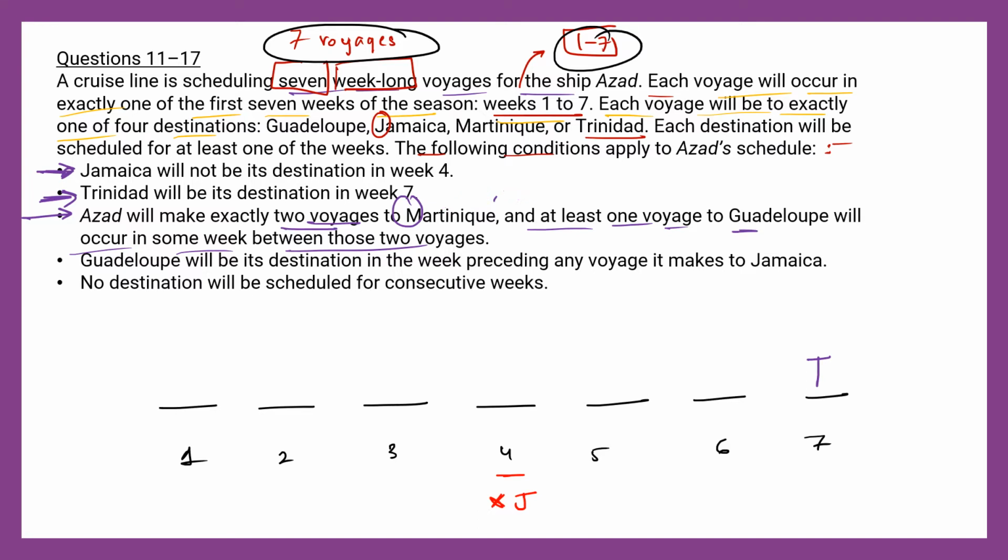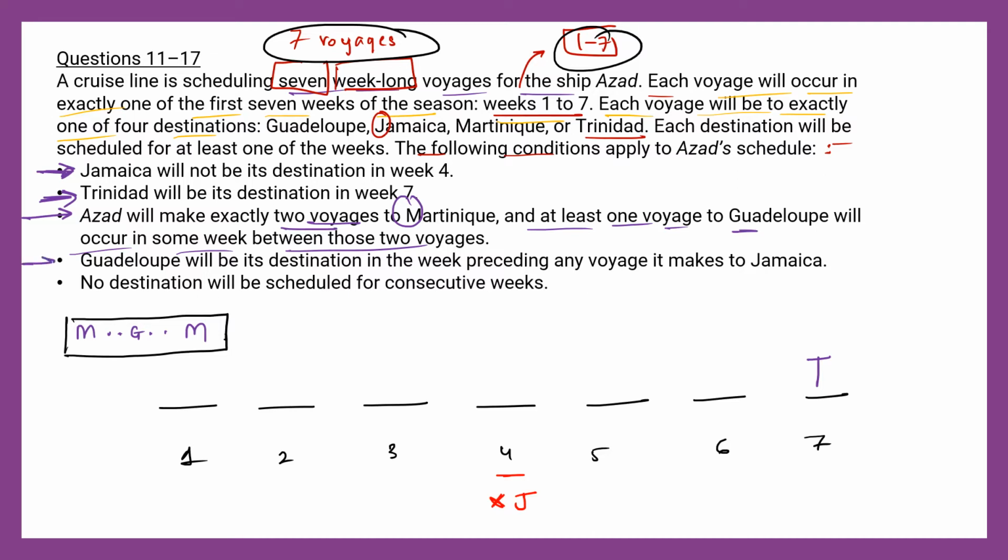What it tells you is that, hey, there are going to be 2 voyages to M, so this is an M and this is an M, and sometime in between that, you will have the G, okay? So let me just have this diagram with me, that you know that this is going to happen, okay? There's going to be at least 1 voyage to G in between the 2 M's, okay? Let's look at the next rule.